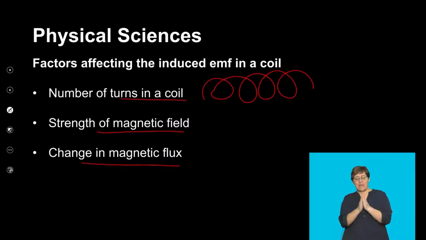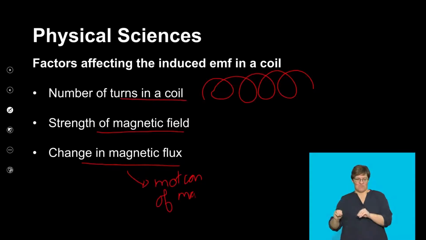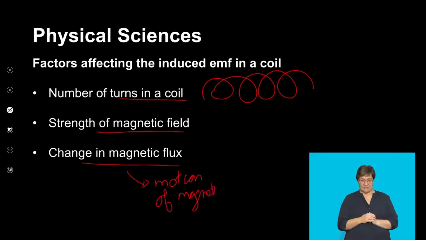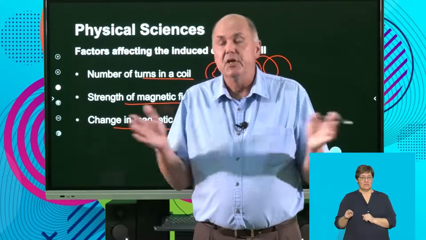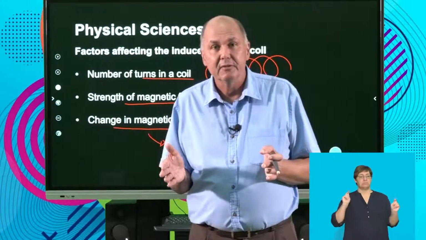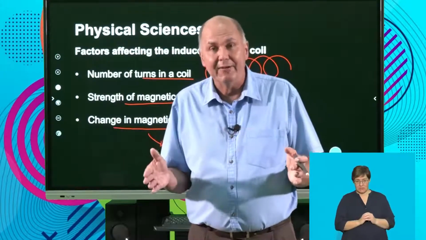We also are able to look at the change in the magnetic flux. And the change in magnetic flux is generally created by the motion of the magnet. So if the magnet is stopped, there's no change in magnetic field. There's no change in magnetic flux.